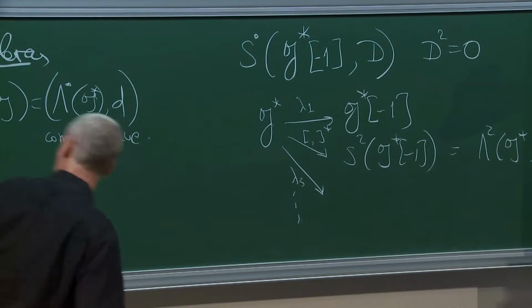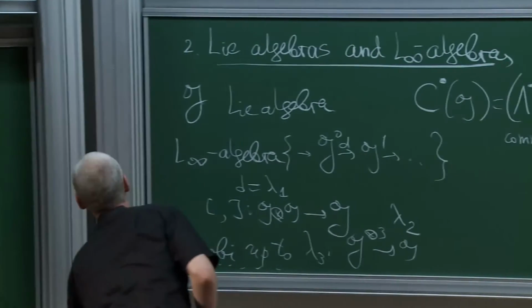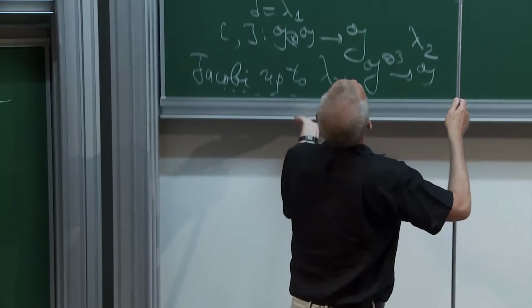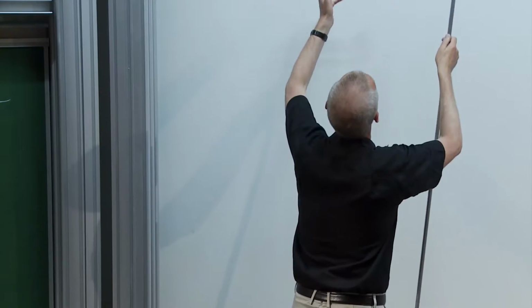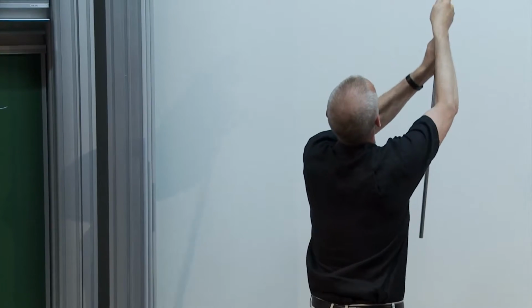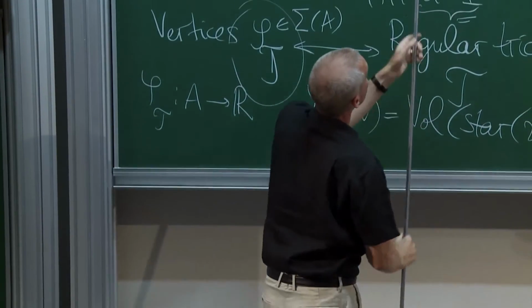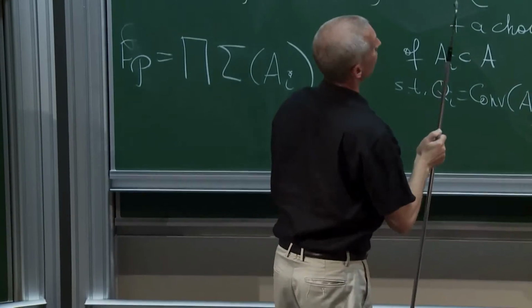Okay, so now if I do a permutation, this goes up and the two of those go down. So this is a permutation.